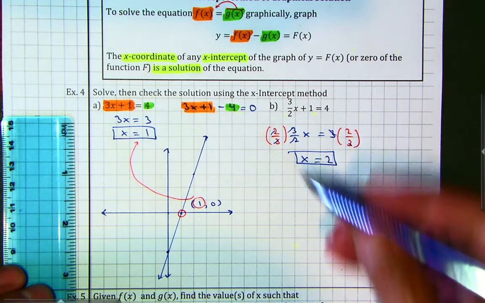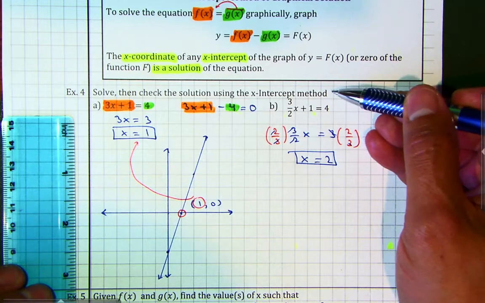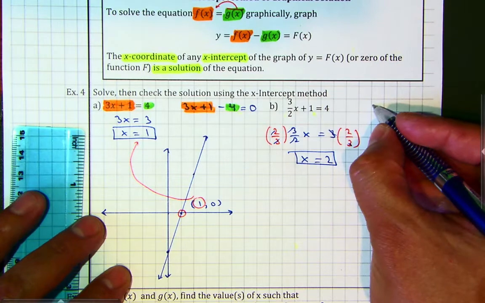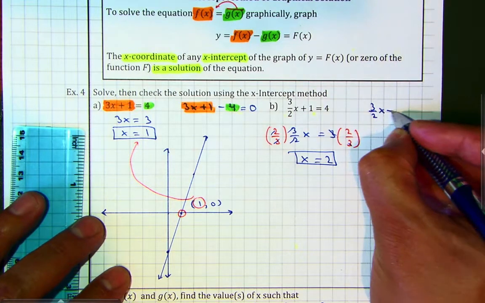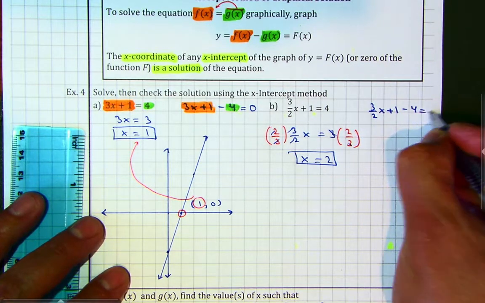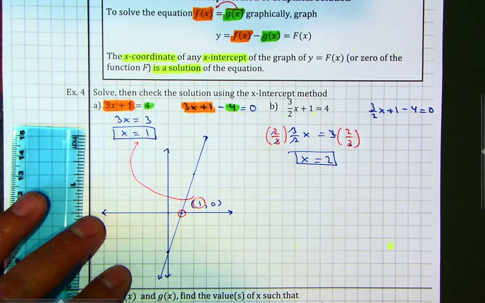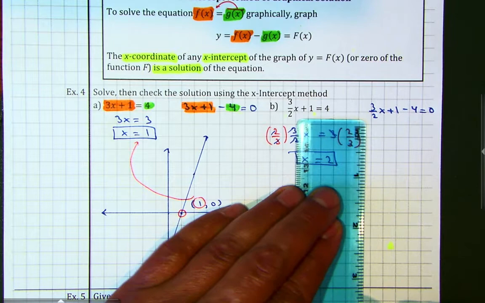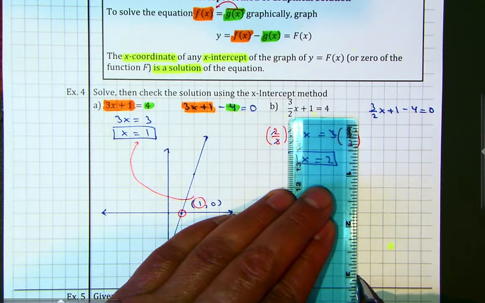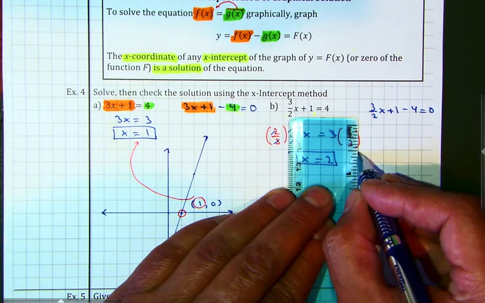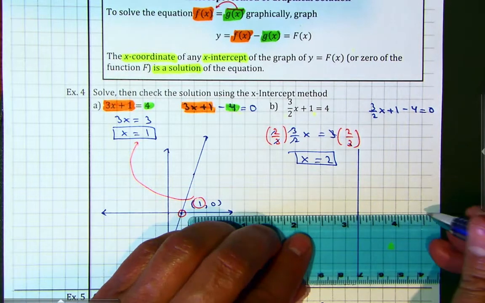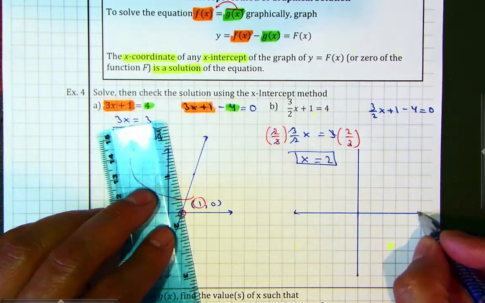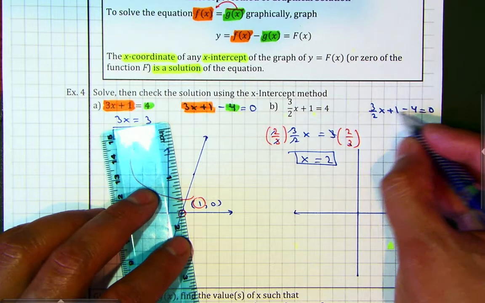I need to check my solution using the x-intercept method. So therefore, I'm going to move my 4 to the left, becomes 3 over 2 x plus 1 minus 4 equal to 0. And now I'm going to graph it. I can use decimals to graph it as well. In this case, simplifying gives me -3.